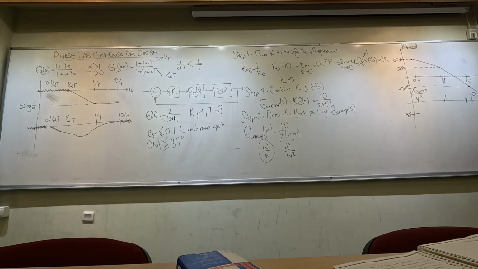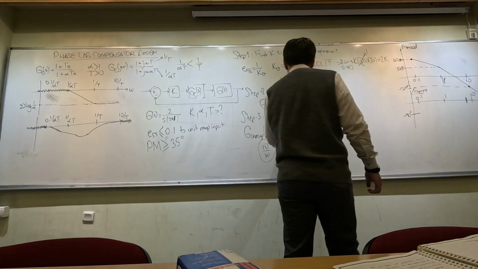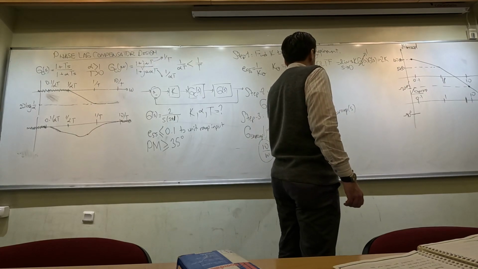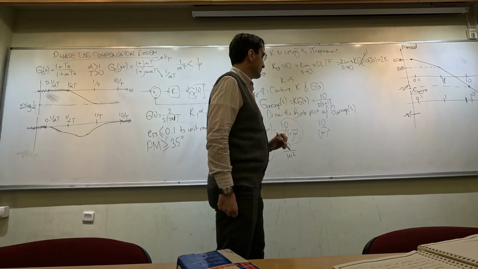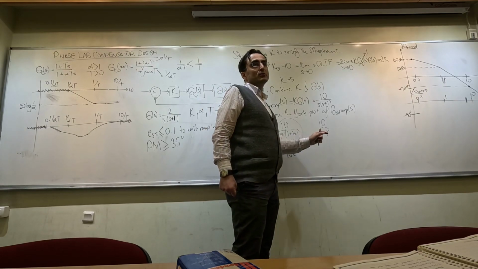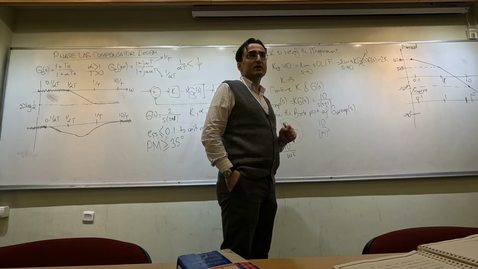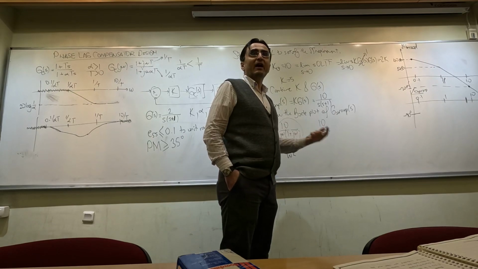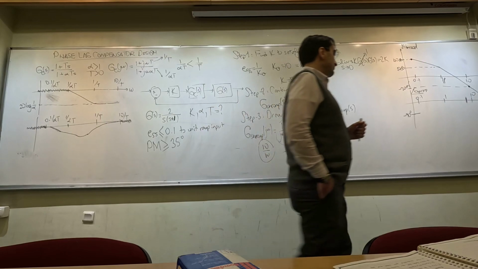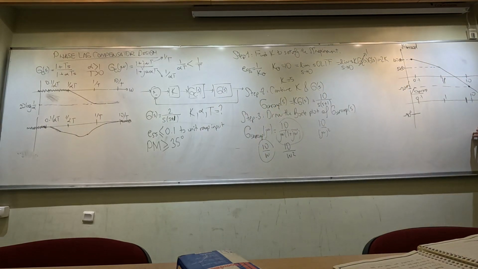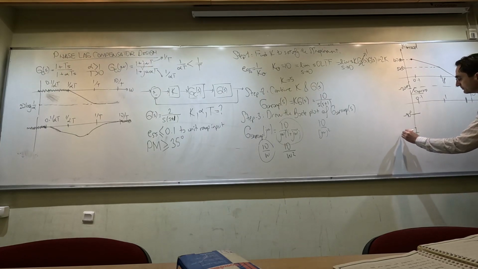For large frequencies, where is the phase? For large frequencies, this thing is going to be looking like 10 over (j omega) squared. Each one of the j omegas will bring minus 90 degrees, meaning that the phase as omega goes to infinity is going to be minus 180 degrees. So for large frequencies, the phase is going to be almost at minus 180 degrees. Okay?